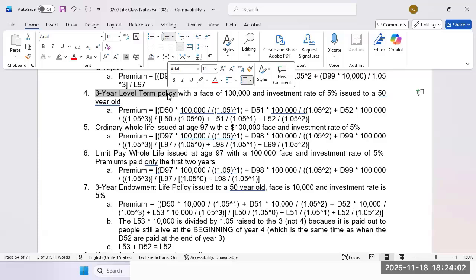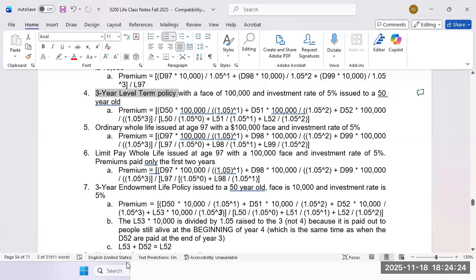If it's a single premium level term, which I don't think exists, I have to tell you that. If it's a limit pay level term, which really doesn't exist either, so a 10-year level term where you only pay premiums for 4, I'd have to tell you that. But if it says 3-year level term, you have 3 D's in the numerator, 3 L's in the denominator.